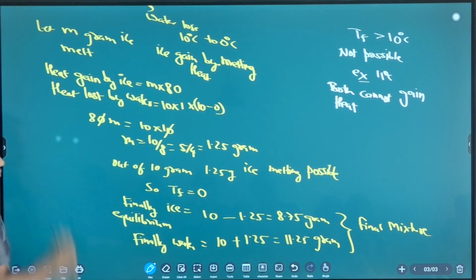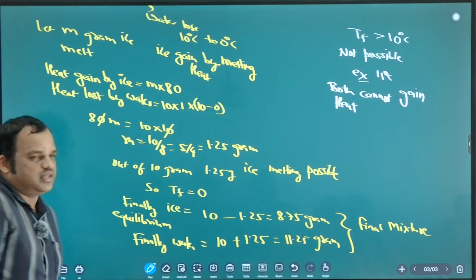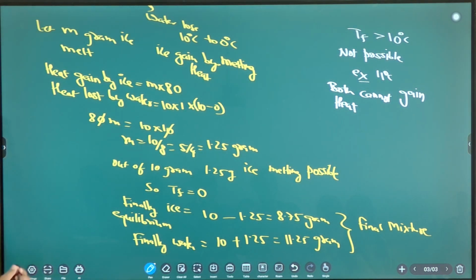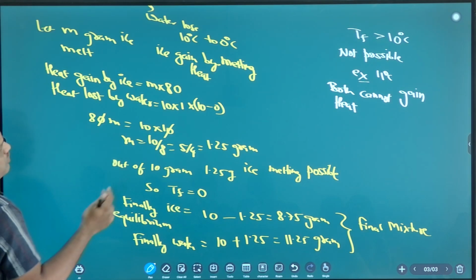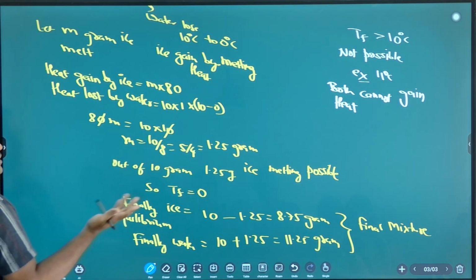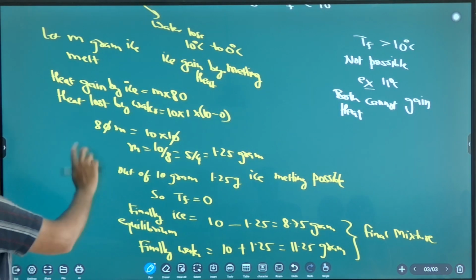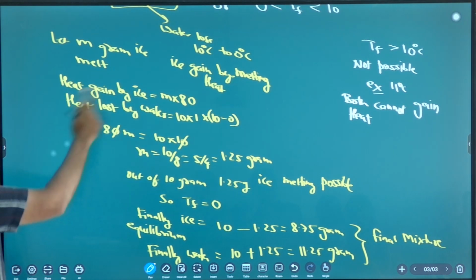Note down. So finally this much ice and this much water. Okay, clear? Do more practice and think also. You have to think. There is no shortcut formula. Sometimes with a shortcut formula you will get stuck. So thinking is very important. See what is going on.